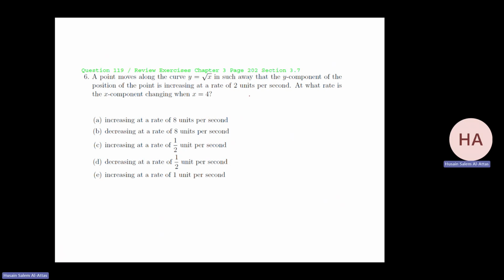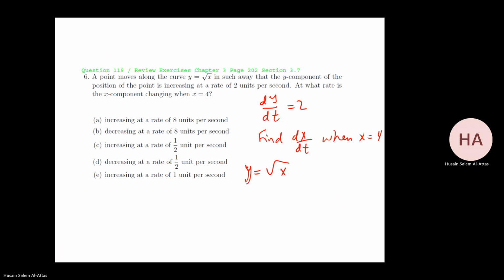A particle moves on this curve in such a way that the y component is increasing at this rate. So dy by dt equals 2. And he said find dx by dt when x equals 4. And what is the relation? y equals square root of x. So differentiate with respect to t.